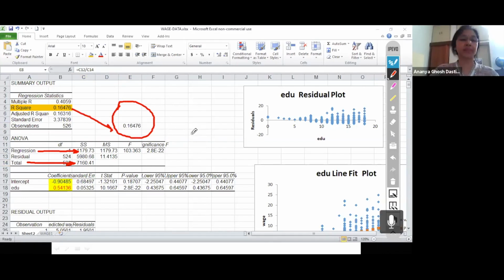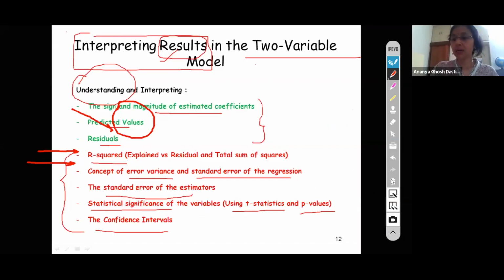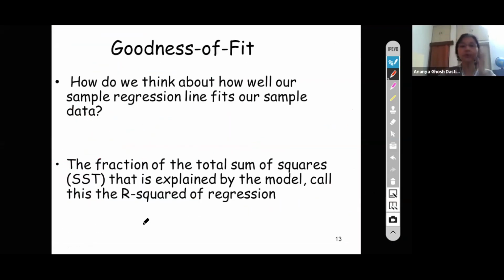Now, the R squared is this and a little more. What more is there to the R squared? Let's quickly have a look. So I will now switch to my slideshow. R squared, which is also called your goodness of fit, is basically a way of thinking how well our sample regression line fits the data.